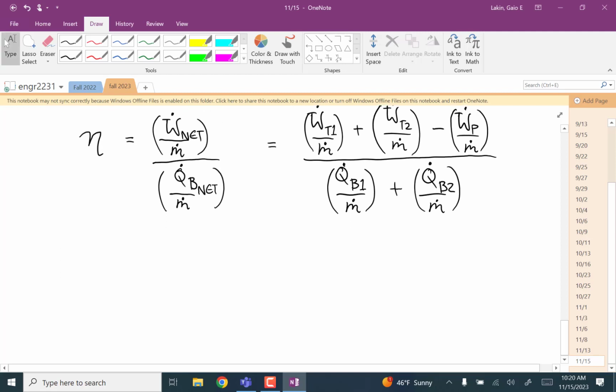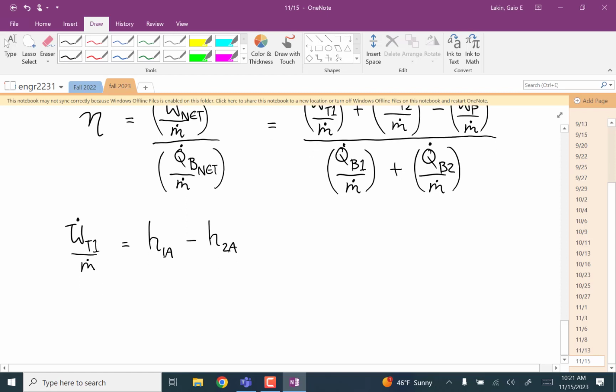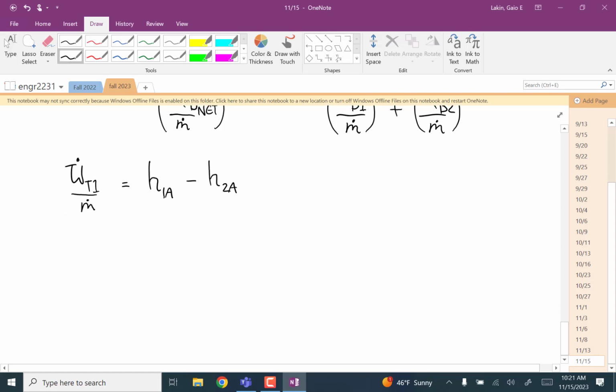And to calculate these, you'll use W dot T1 over m dot is equal to the specific enthalpy at state 1A minus the specific enthalpy at state 2A.